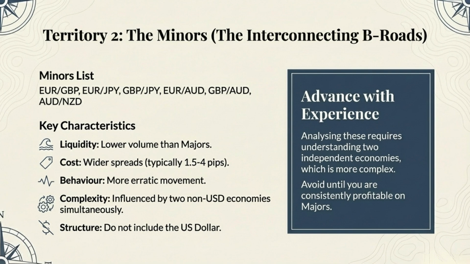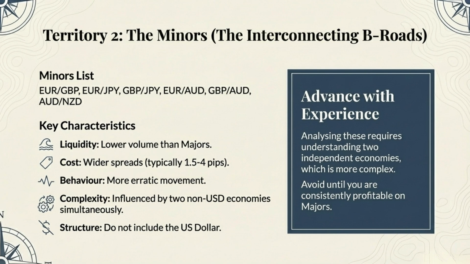Think about it. A surprise inflation report out of the UK could send the pound soaring, which makes EUR/GBP fall. But an hour later, the European Central Bank president gives a dovish speech, which weakens the euro and makes EUR/GBP fall even faster. You're dealing with either compounding or conflicting effects from two separate news cycles.